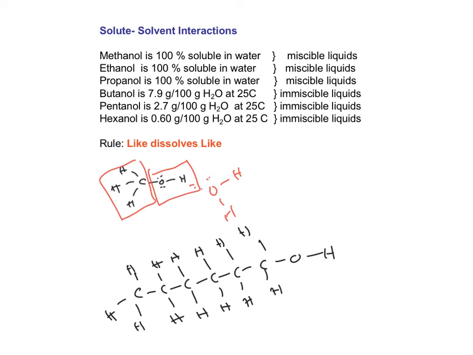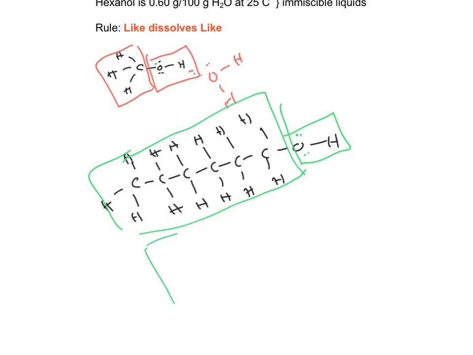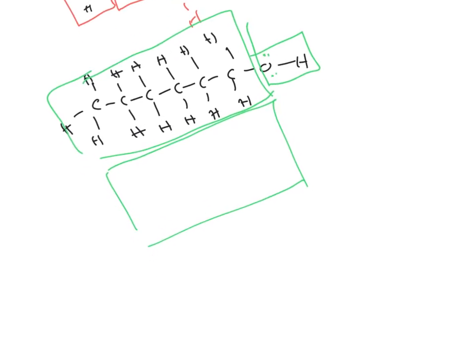So, but this one is different. Hexanol, you have 6 carbons. So this whole part is nonpolar. And then this little part here is polar. So what we're going to find then is that these hexanol molecules want to stick together, basically.